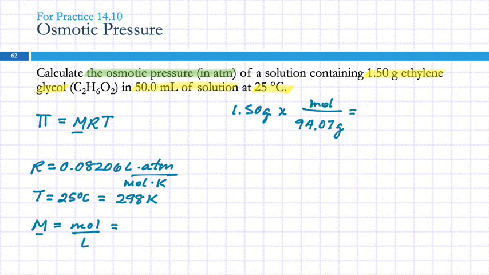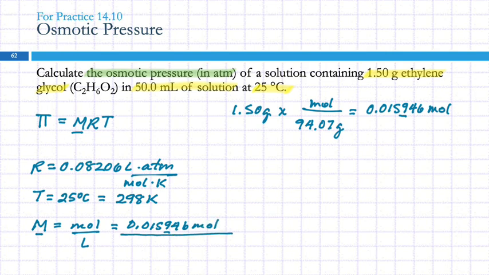So 1.50 divided by 94.07 gives us 0.0159 moles.